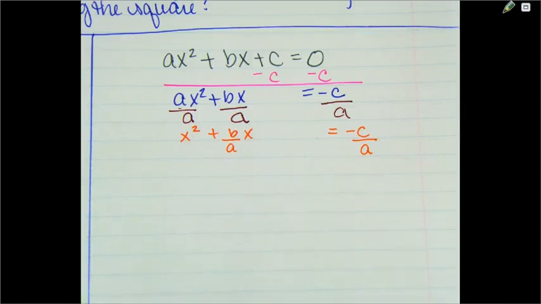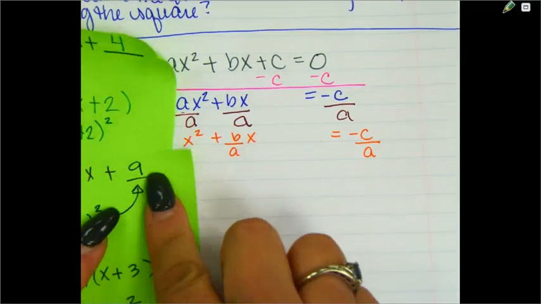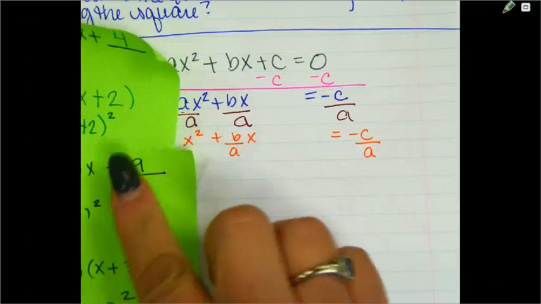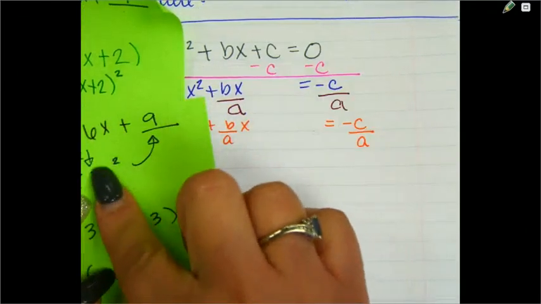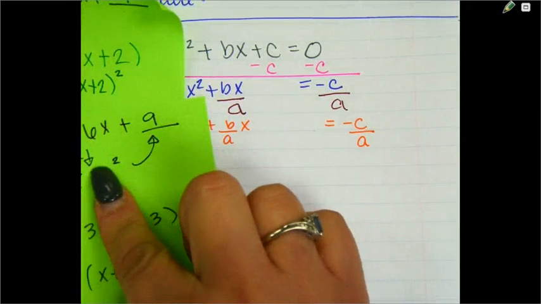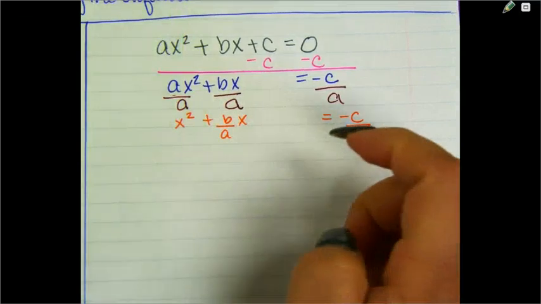Okay. Now we're looking at this piece right here. What am I going to add here? Now, think of the process. What did I do with the process? You divided by what? By 2. So we took the middle term and divided by 2.